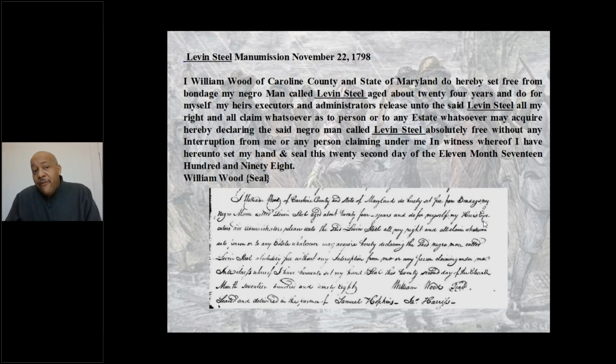Here's my third great grandfather's manumission. He was manumitted November 22nd, 1798, and it reads: I, William Wood of Caroline County in the state of Maryland, do hereby set free from bondage my Negro man called Levin Steele, aged about 24 years, and do for myself and my heirs, executors, and administrators release unto the said Levin Steele all my right and all claim whatsoever to his person, as to person or to any estate whatsoever he may acquire, hereby declaring the said Negro man called Levin Steele absolutely free, without any interruption from me or any person claiming under me.